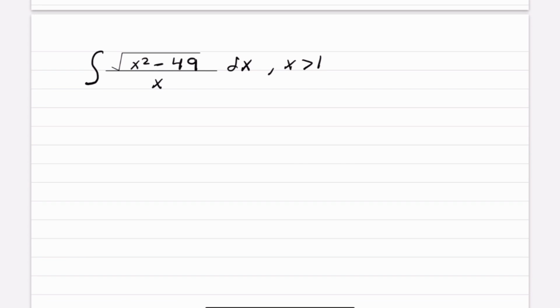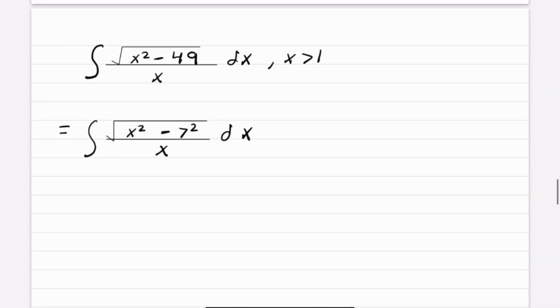I'm just going to rewrite this integral so that I know which trig substitution to use. So this is equal to the square root of x squared minus 7 squared over x dx.